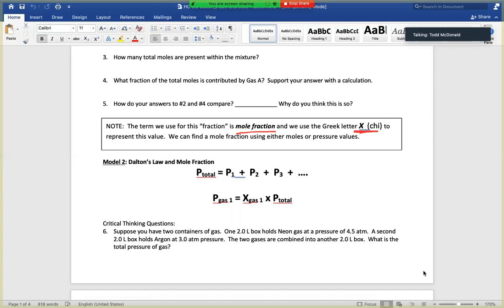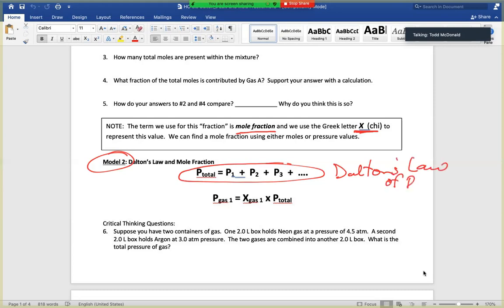Here are two equations that are going to show up in this handout that you really need to know. This first equation is called Dalton's law of partial pressure. The idea is that the total pressure in the container is just the sum of all the individual gases' pressures in the container.